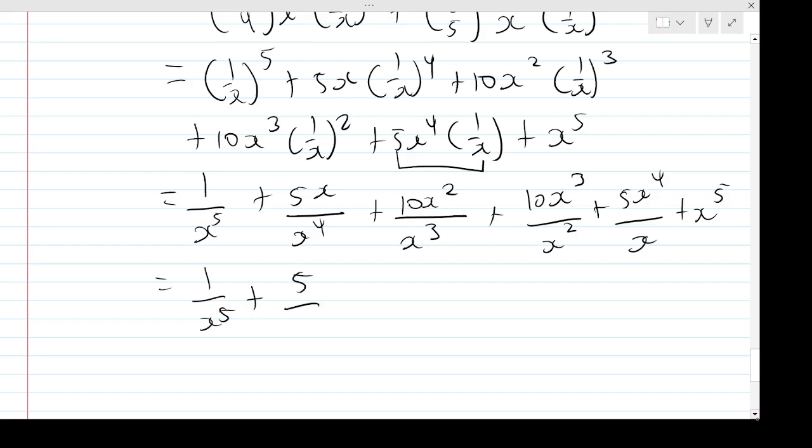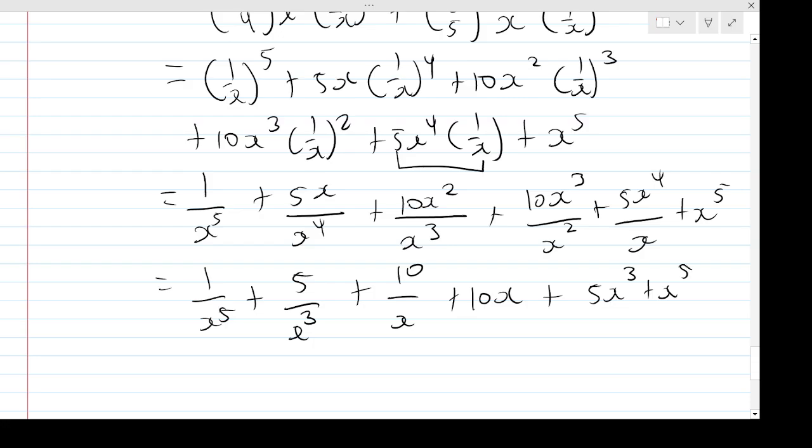Or we just say 5 over x cubed there. Then we have 10x squared over x cubed. That'll just be 10 over x, because x squared and x cubed gives me 1 over x. Then we have 10x cubed over x squared, so that's just 10x there. Then we have 5x to the 4 over x, that's 5x cubed, because 4 take away 1 obviously gives you 3. And then lastly we just got the x to the 5.